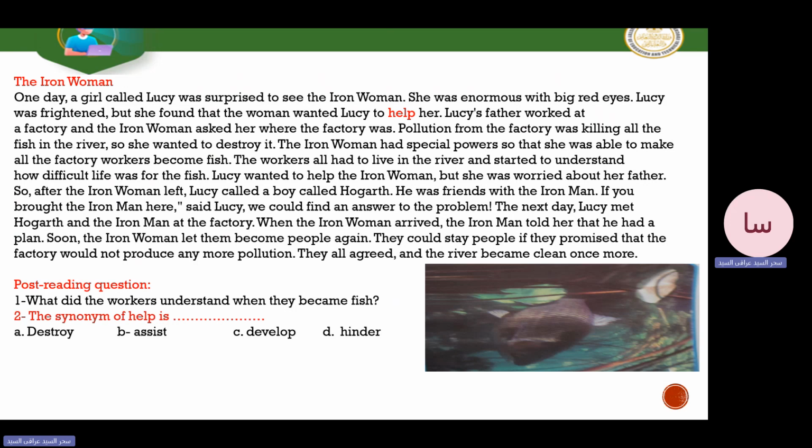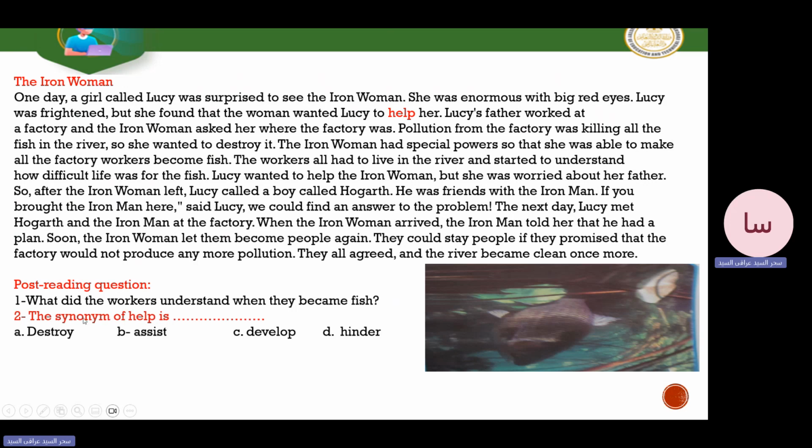This is the message of our passage. Okay, now what did the workers understand when they became fish? Did the message reach them? They understood what happened to the fish. They suffered the same problem.